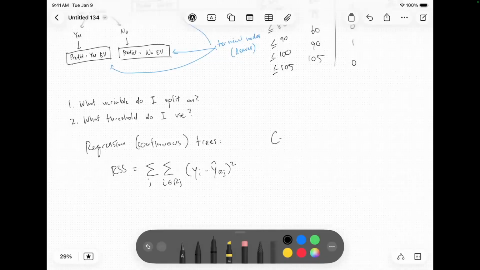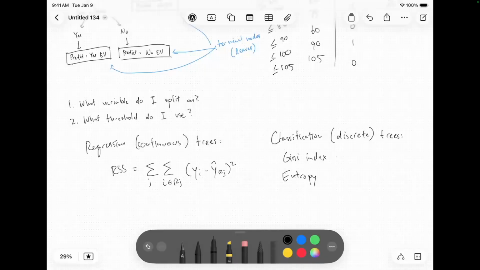And for classification, or discrete outcomes, this will be based off of a Gini index or an entropy score.